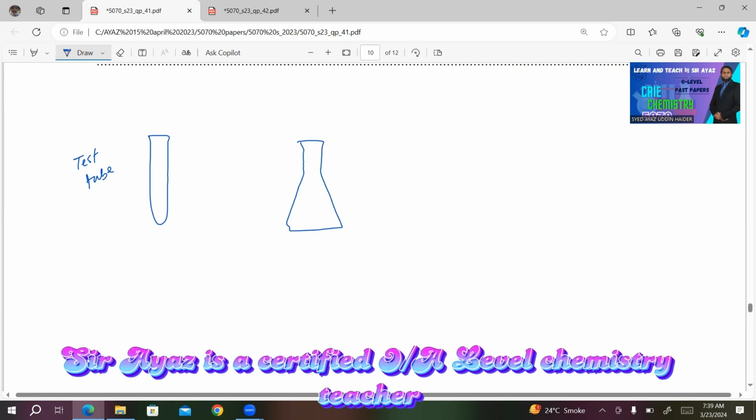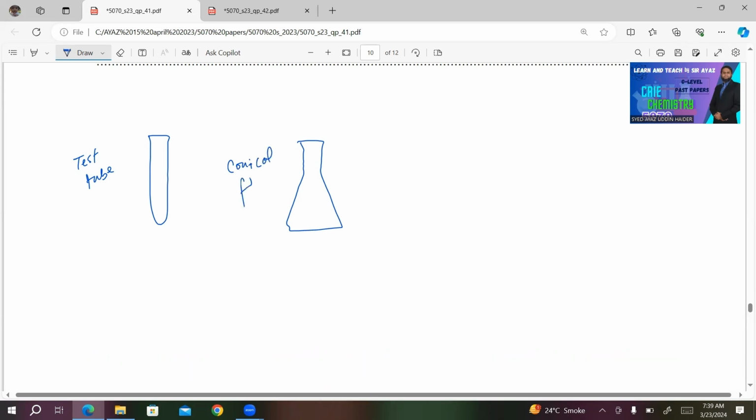This is conical flask. Or you can draw a beaker. This will be the beaker. Or equipment to measure the volume of gas produced. In this case, you have gas syringe.